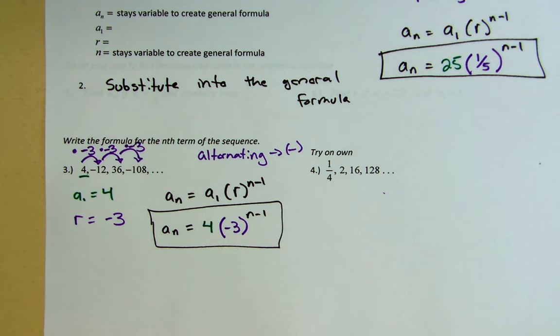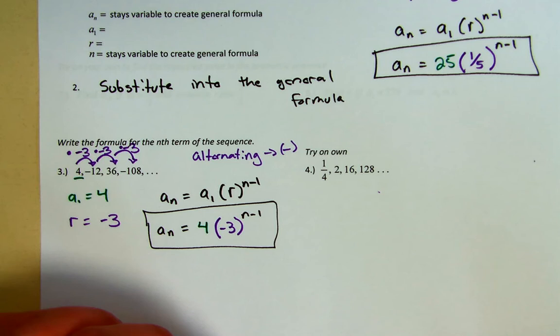Now that we know how to do those general formulas, this will probably seem like, oh, why didn't I have this sooner? Well, we need to build your knowledge to get to this point. So try this one on your own, and then move on to the next sheet, because we have 2 more types of things.